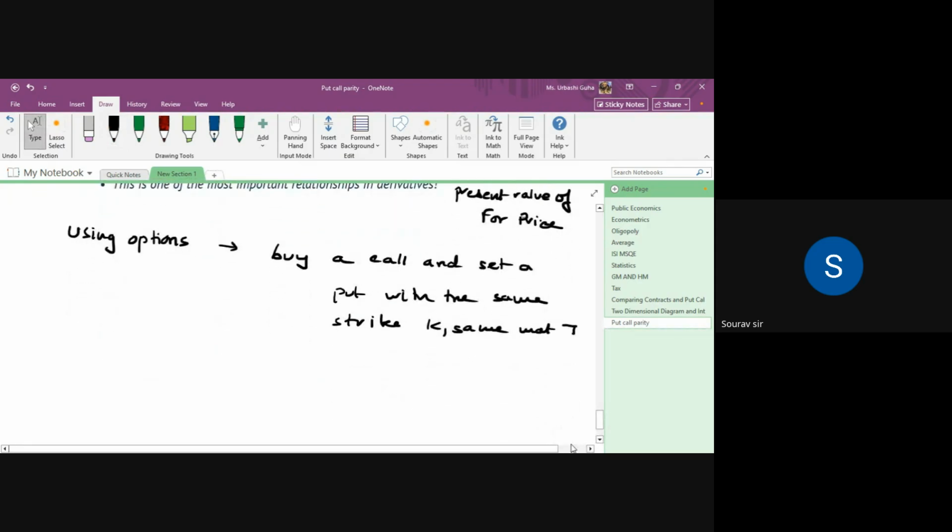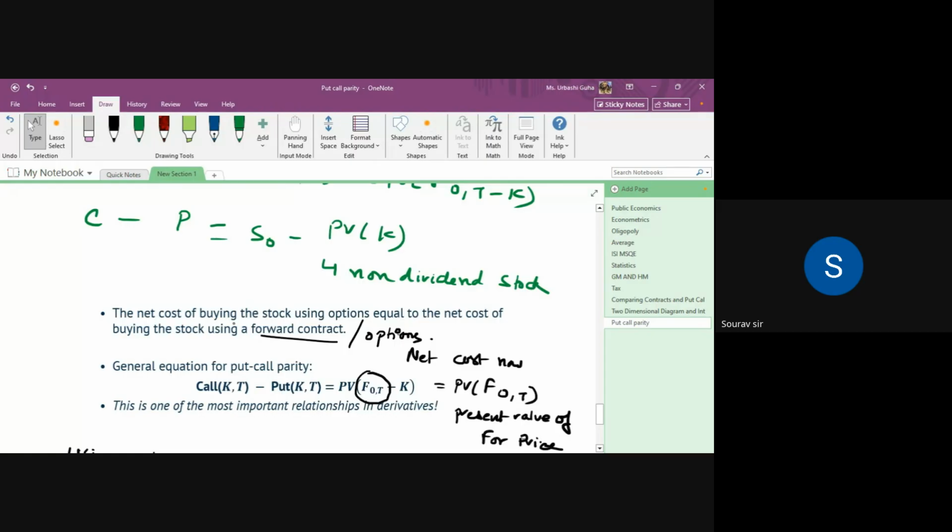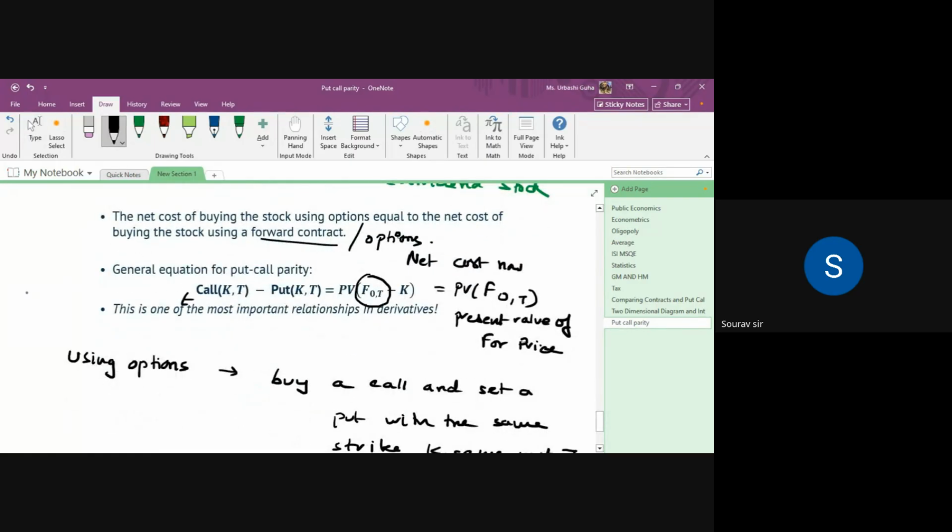So what is the net cost now then? C K,T minus P K,T. So in the general put-call parity, we know that the left-hand side is call K,T minus put K,T. That is the net cost of the synthetic forward. And this is your right side, that is the present value of the forward price.